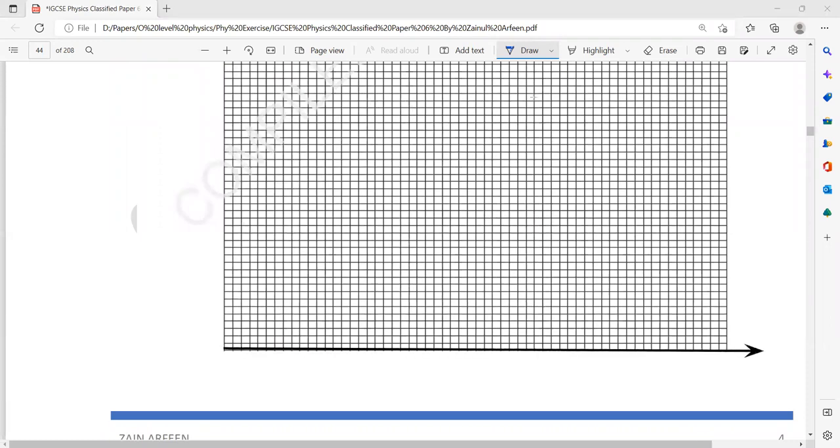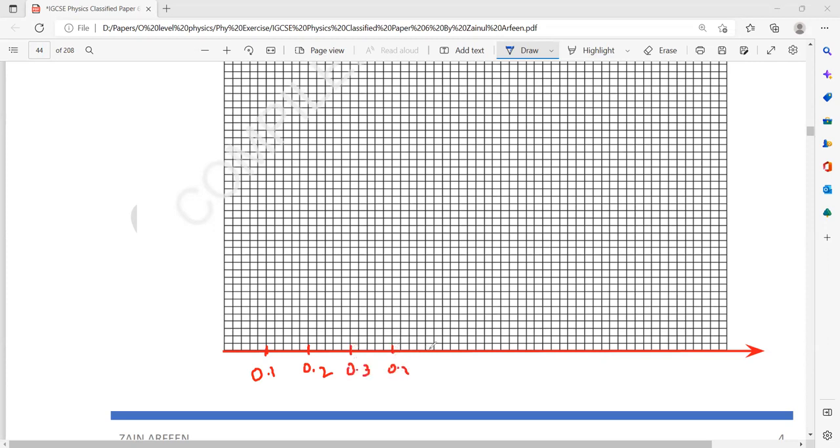So after every 10 boxes, or after every 5, because I should know the number of the boxes. Like for example here, 1, 2, 3, 4, 5. This I took as 0.1. Then another 5, I took 0.2. Then another 5, I took 0.3.